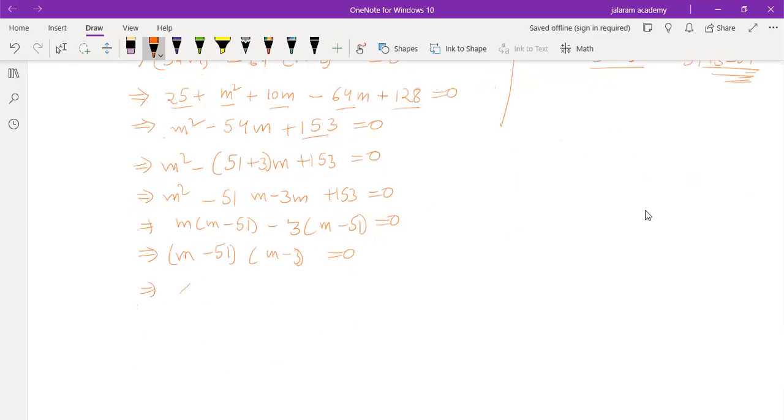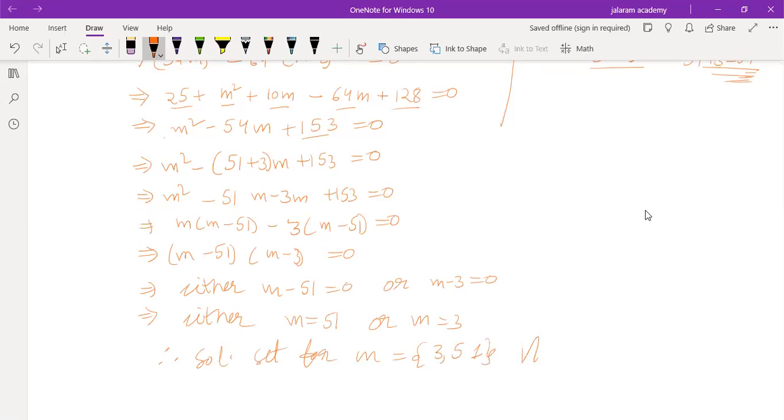It implies either m minus 51 equals 0 or m minus 3 equals 0. It implies either m equals 51 or m equals 3. So there can be two values of m for which this equation has equal roots. One is 3, other is 51.